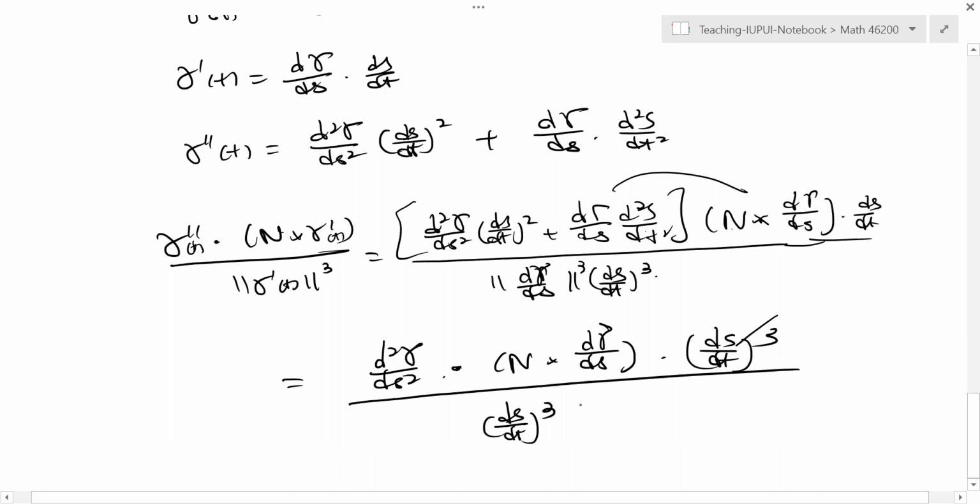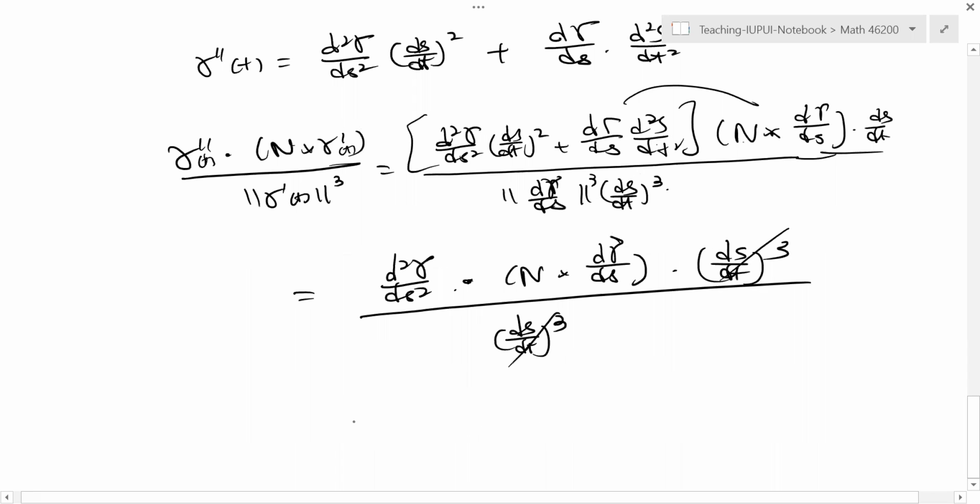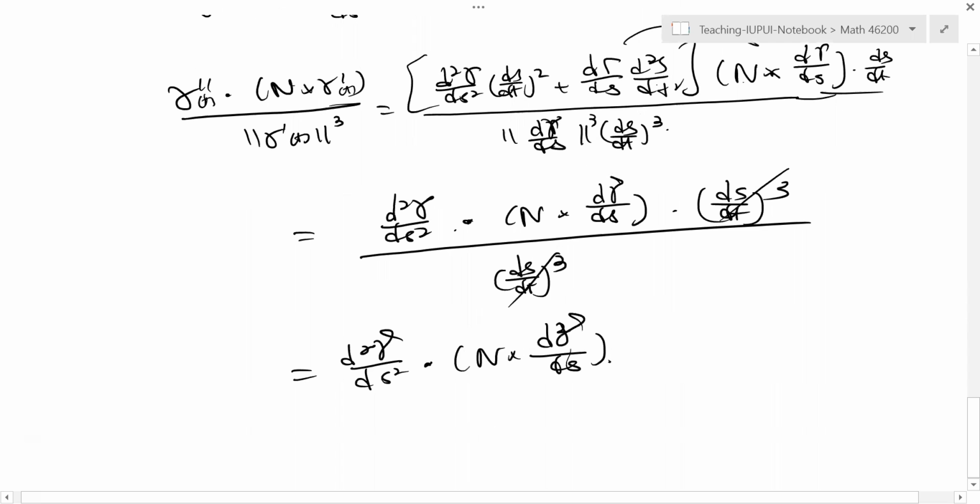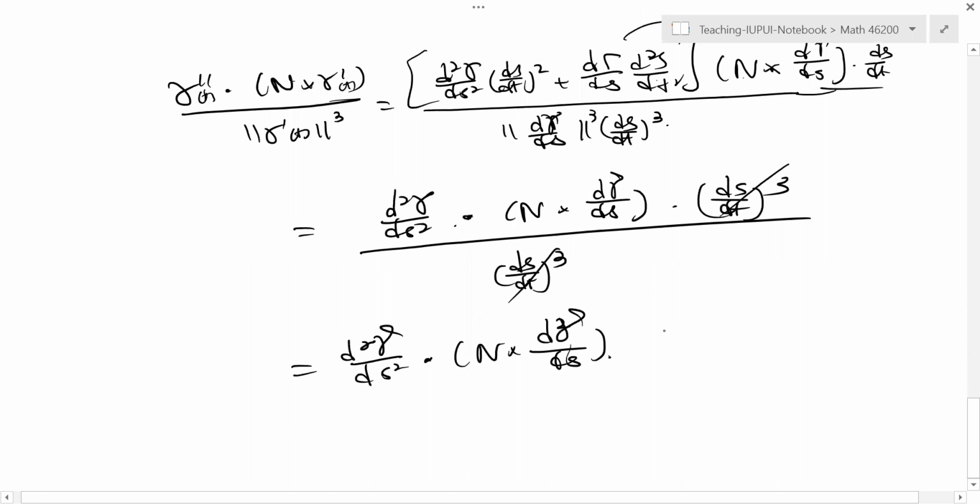So that cancels out, and I get d squared gamma ds squared dot n. So that is the original definition of the geodesic curvature at point s, but you can compute it using this more general formula.